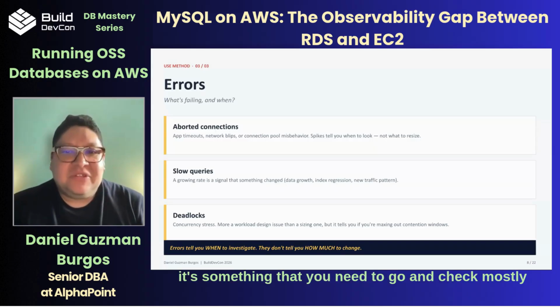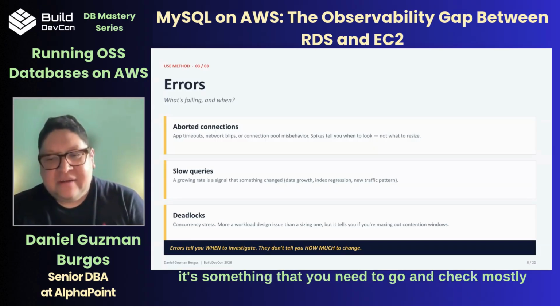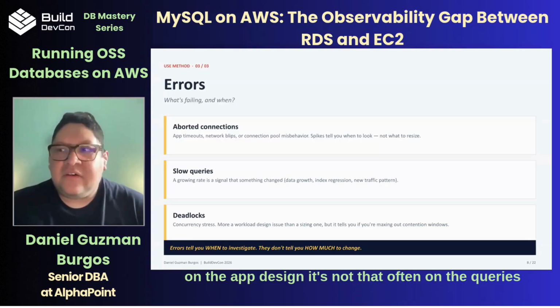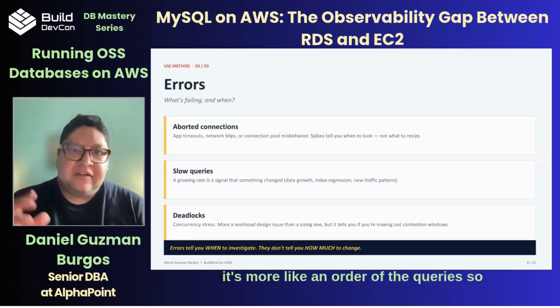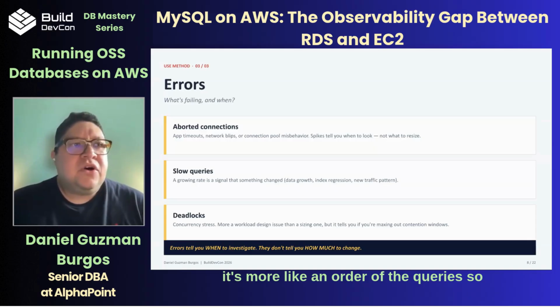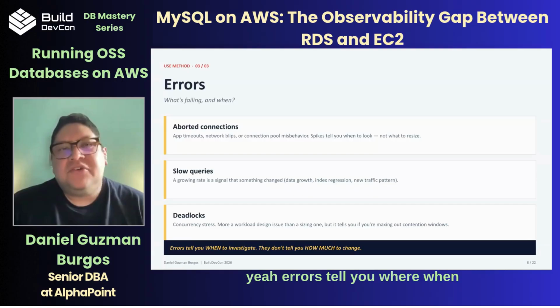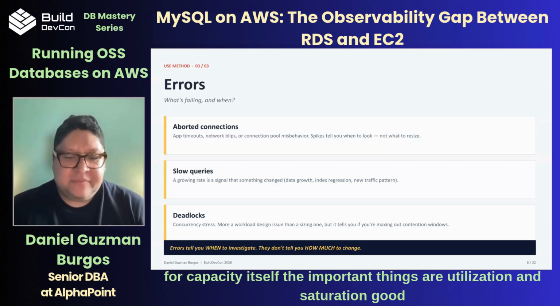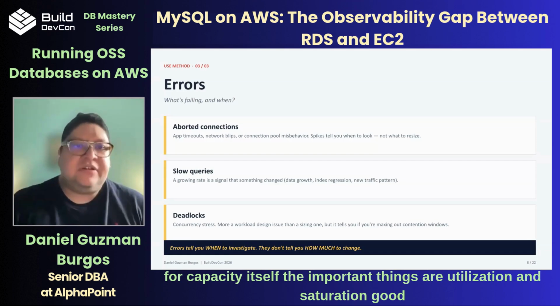So it's something that you need to go and check mostly on the app design. It's not that often on the queries. It's more like the order of the queries. So yeah, errors tell you when to investigate where. But for capacity itself, the important things are utilization and saturation.